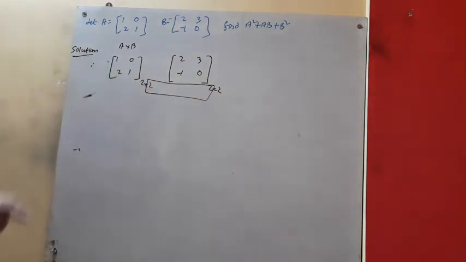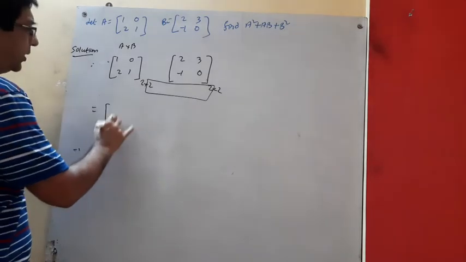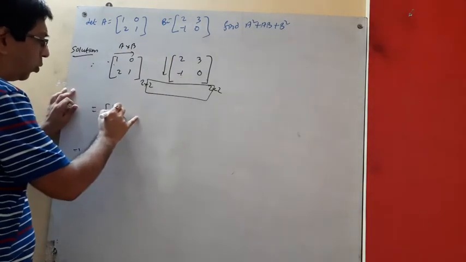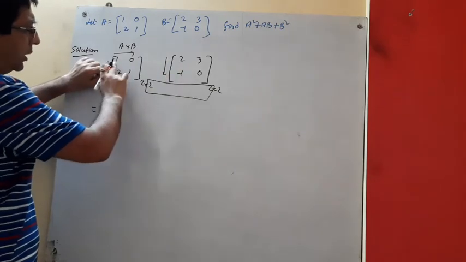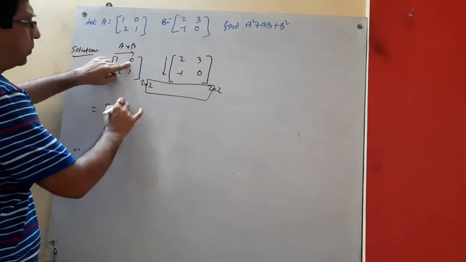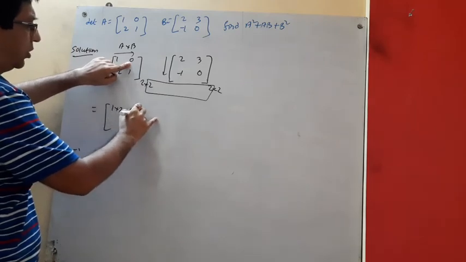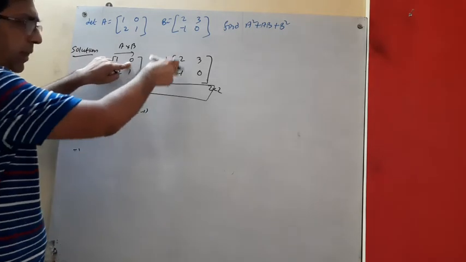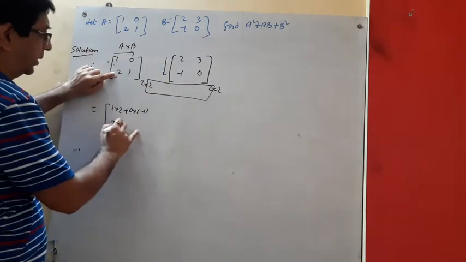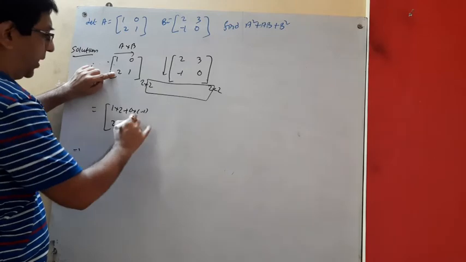Now we will find AB at first. How to find AB? It will go in this direction. That is 1 into 2, 1 into 2. 1 into 2 plus 0 into minus 1. Very good. Keeping the first column fixed, now 2 into 2 plus 1 into minus 1.